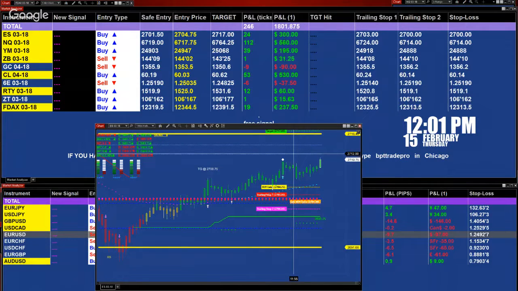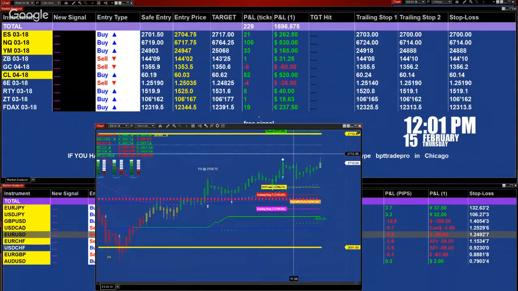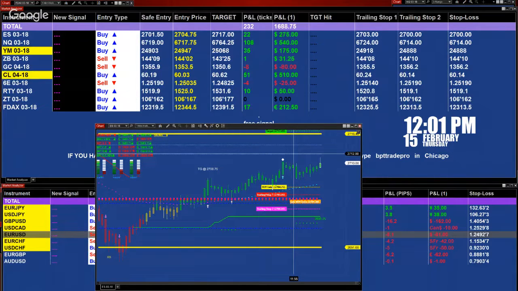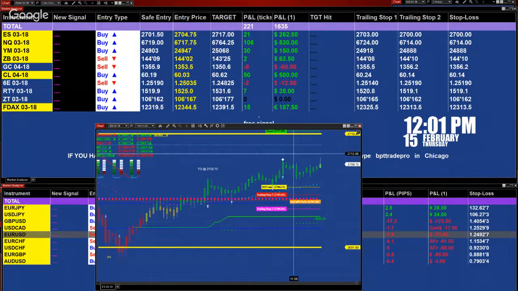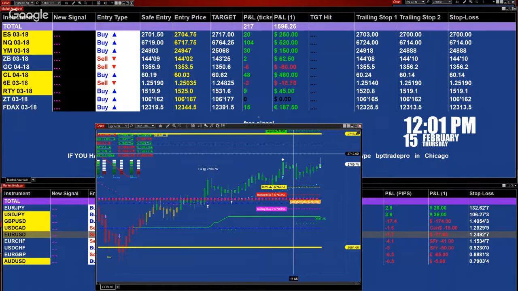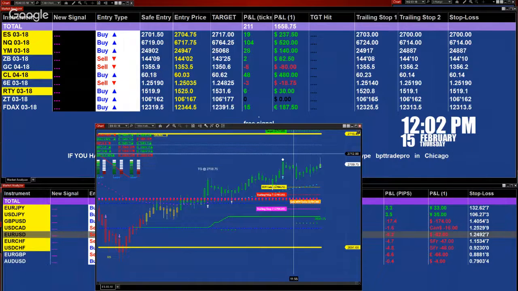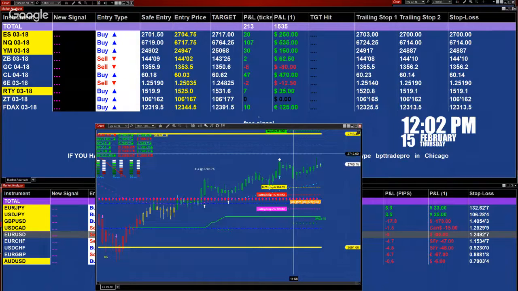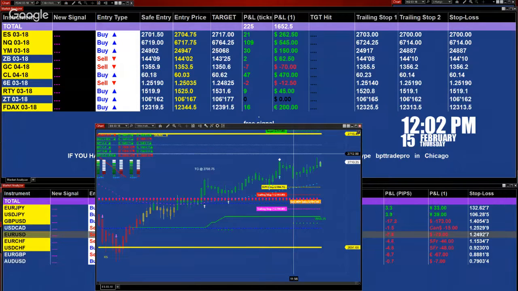Now, from the entry signal on the ES, whoever followed that signal in that room nailed the 22 ticks. You should be happy. For the ones who follow the NASDAQ, you are 100 ticks on the NASDAQ. And the ones who follow the YM signal got 36 ticks.